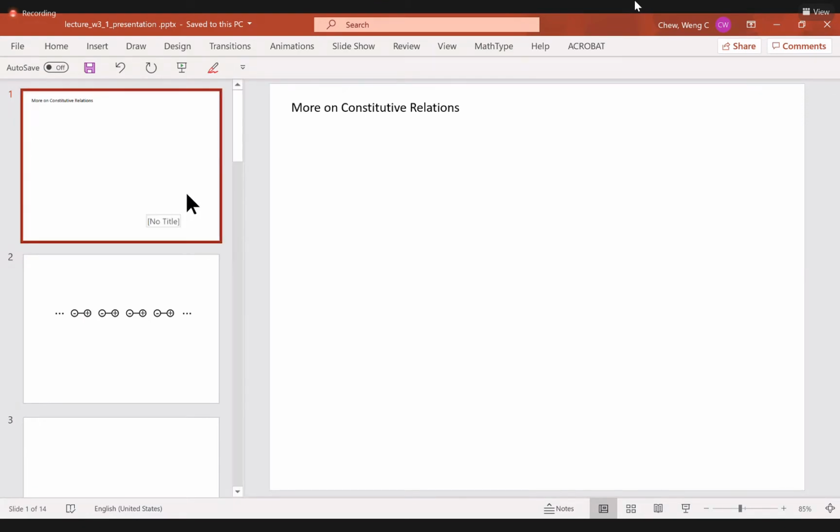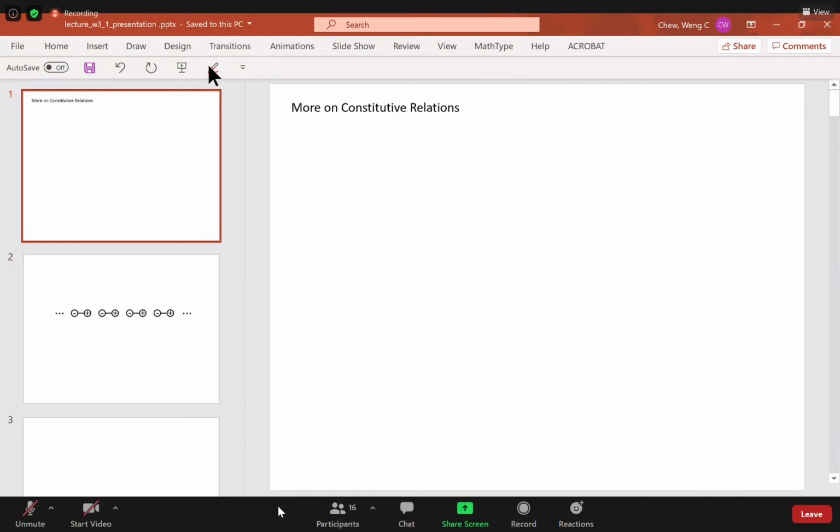So today I'm going to start on constitutive relations, which is a very interesting topic. I guess we learned from Maxwell's equations that we need only to solve 2 of the 4 Maxwell's equations.